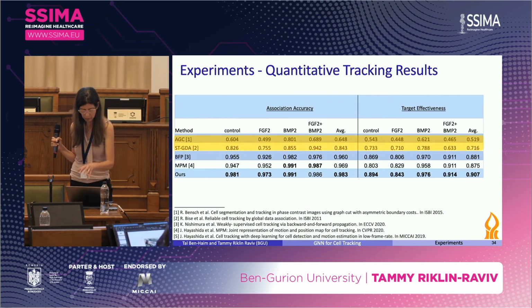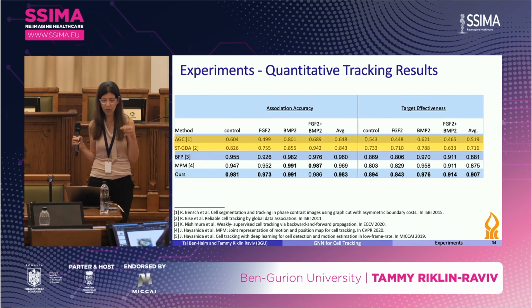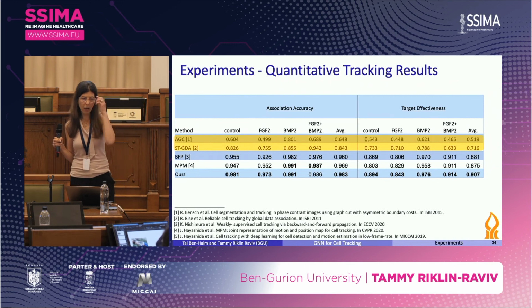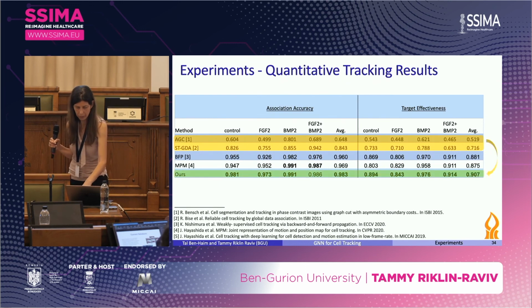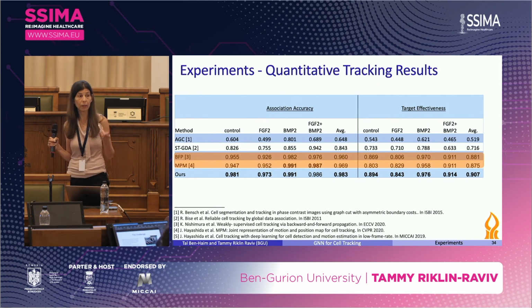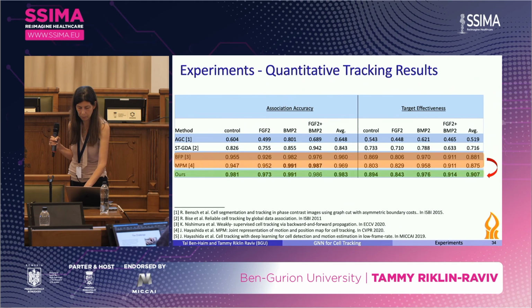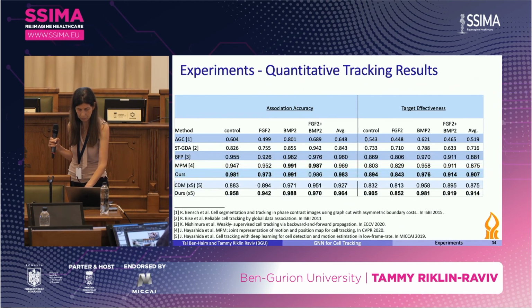And let me just have a specific look. So the first two methods are global method, but done in a classic manner. The next method that we compare to are deep learning method, but are local ones. And in both cases, our algorithm provide better results.